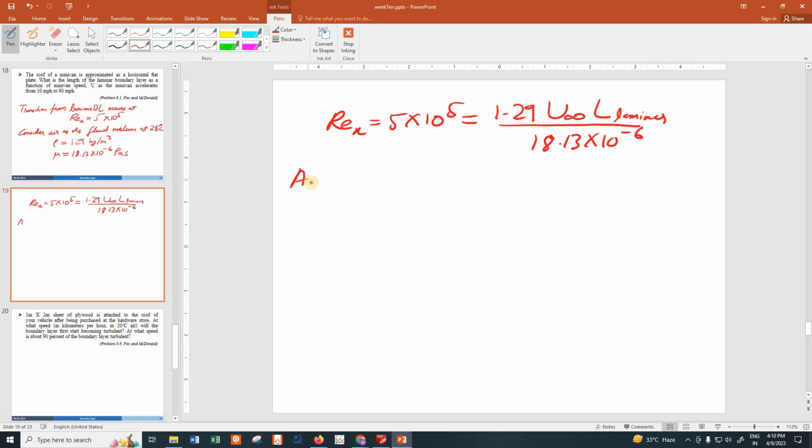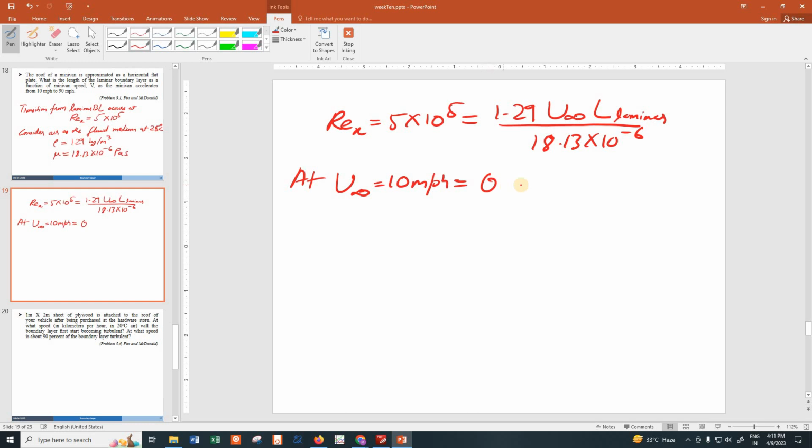Okay, so at 10 meters per hour, what it would become is 10 divided by 60.